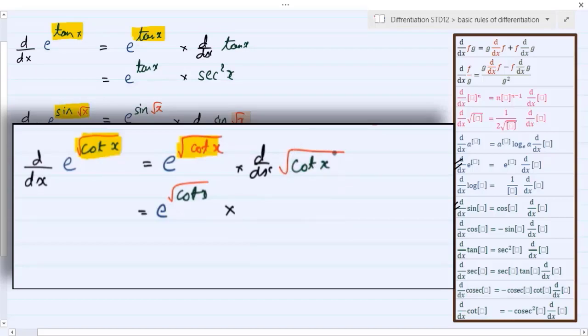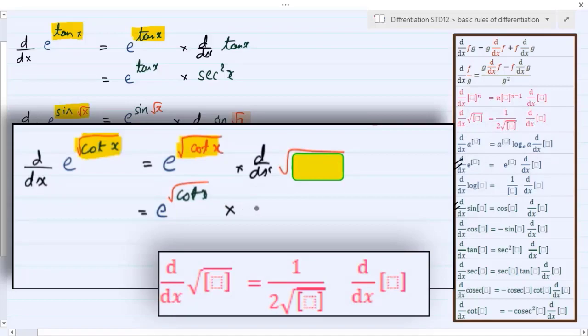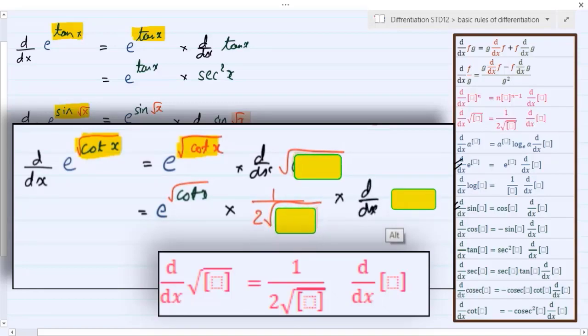Now, root cot x is a combination of root and cot x, where cot x is an inner function. So let's consider a box around the cot x. So we just have to focus on differentiation of root box, which is nothing but 1 upon 2 root box into d by dx of box.